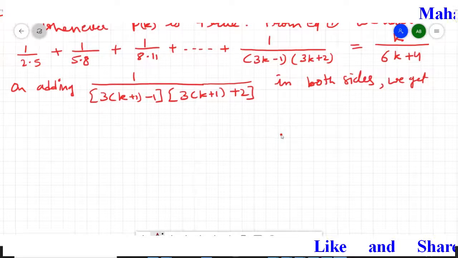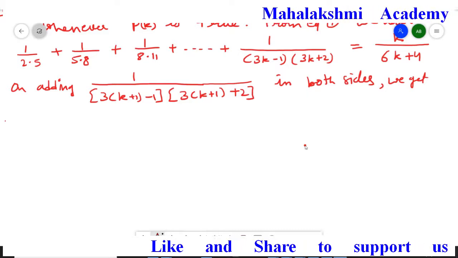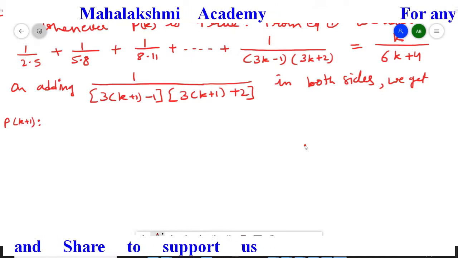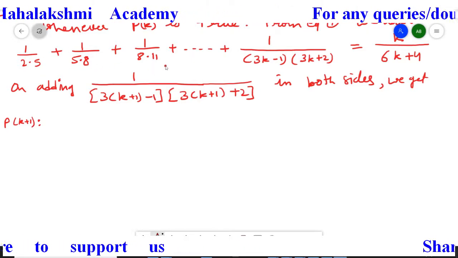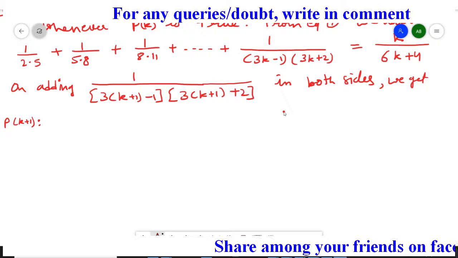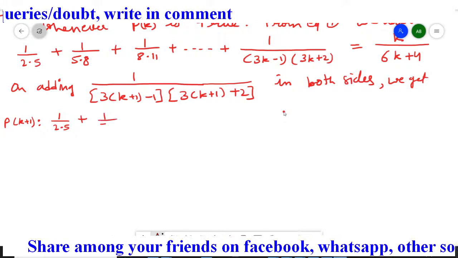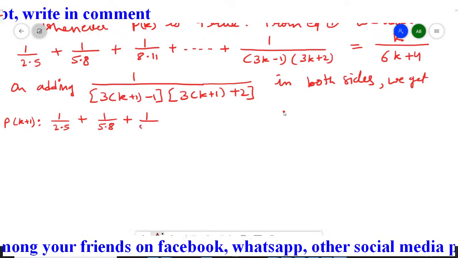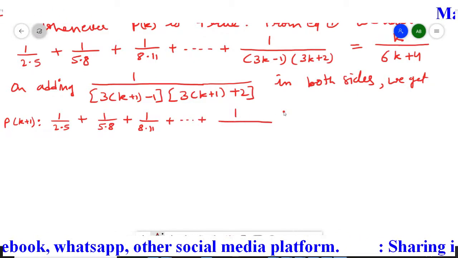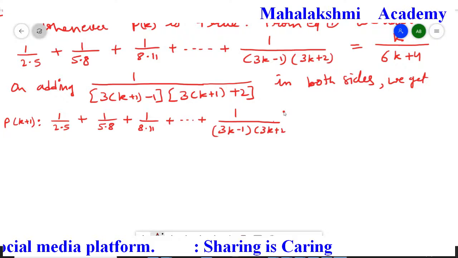So it's going to be like this. So after doing this term will convert to pk plus 1. So the statement is going to be pk plus 1. So here till here it's going to become as it is, and after this we'll write down this term. So I'm writing here, that is 1 upon 2 multiplied by 5 plus 1 upon 5 multiplied by 8 plus 1 upon 8 multiplied by 11 plus it's extended up to 1 divided by 3k minus 1 and 3k plus 2.